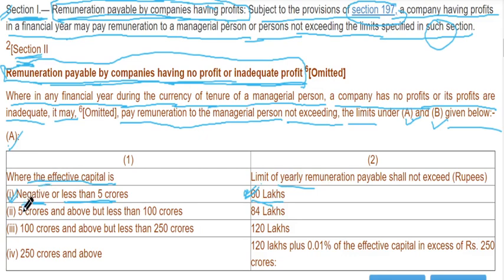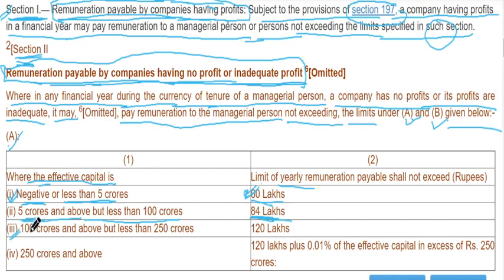Where the effective capital is 5 crores and above but less than 100 crores, the limit of yearly remuneration shall not exceed 84 lakhs.